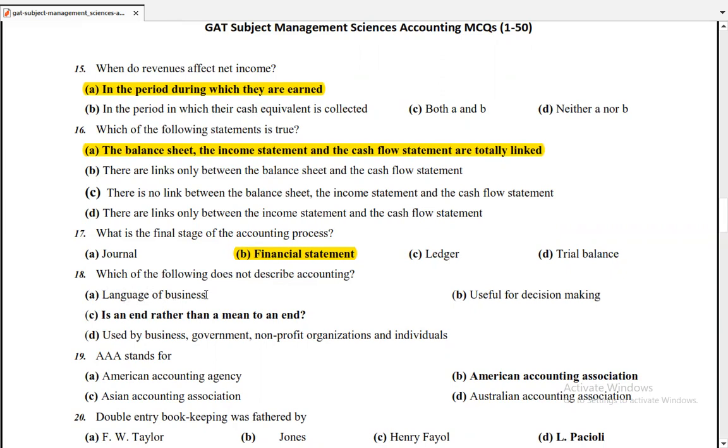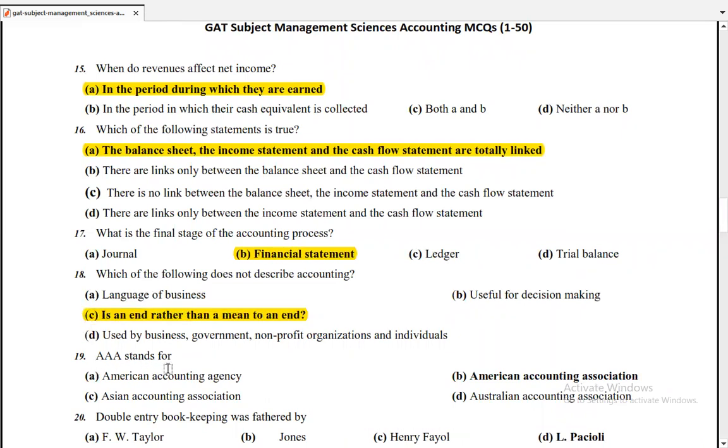Language of business, useful for decision making, an end rather than a means to an end, used by business, government, non-profit organizations, and individuals. It is an end rather than a means to an end.